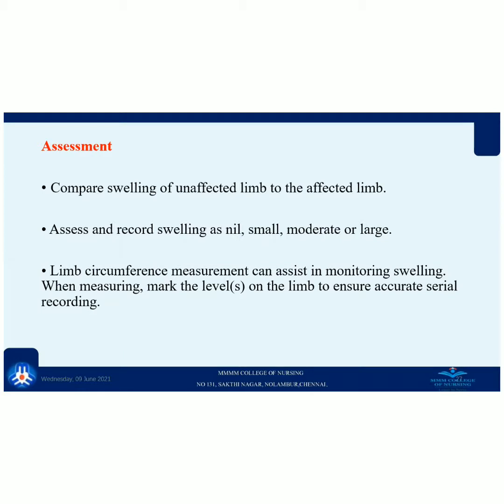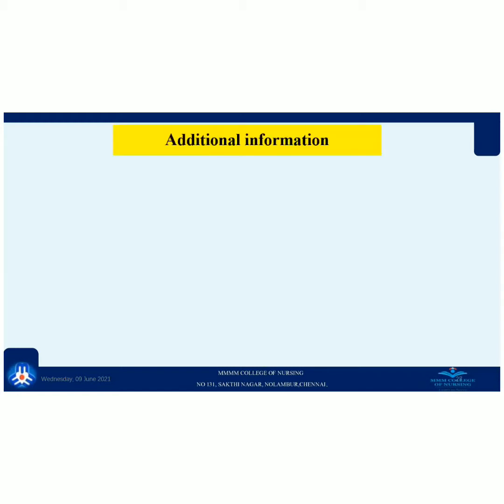Whenever we make the circumferential measurement, mark the area where the measurement is taken. Hence, further readings can be taken at the same site to make the appropriate assessment. Or we can use the edema scale to assess the degree of edema.